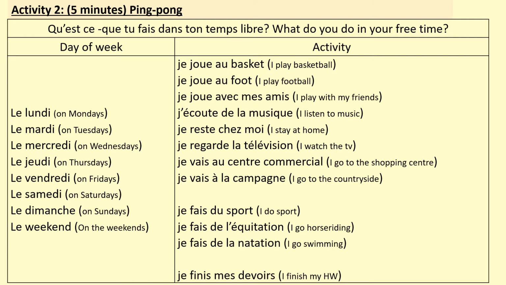Again, taking the words in turn. Remember to follow the yellow cursor to see the words that you need to say. So, starting with the question, and I'll start. Qu'est-ce que tu fais dans ton temps libre? Très bien. Okay, your turn.